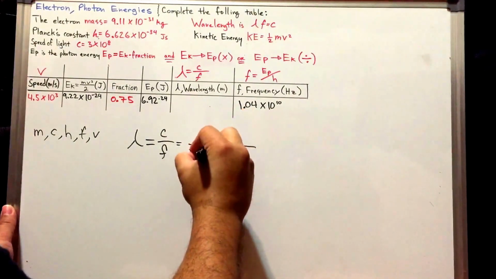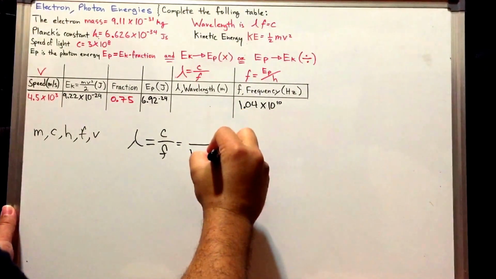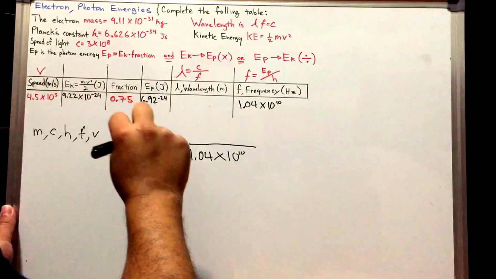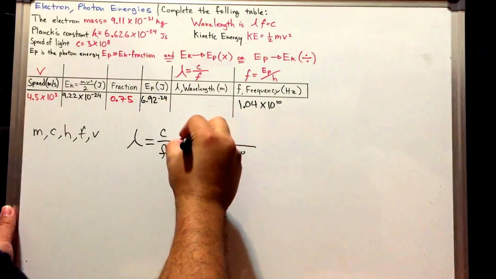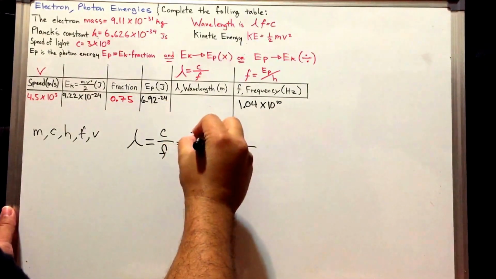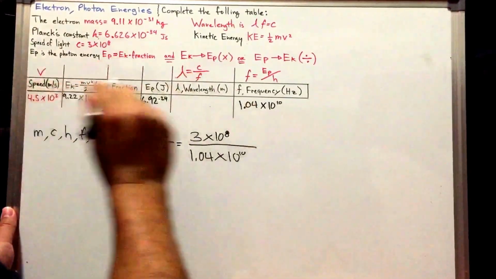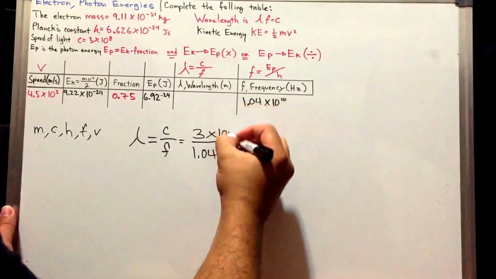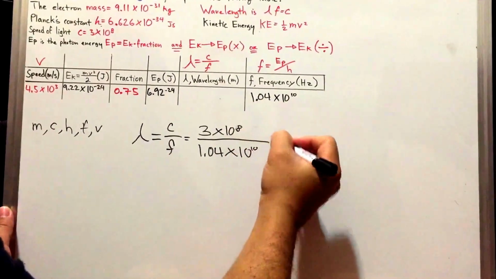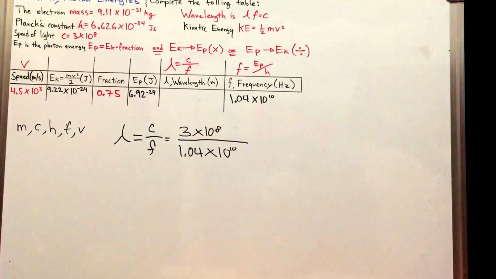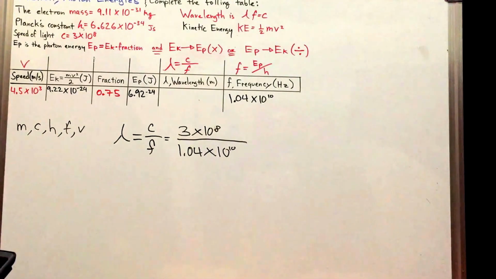Frequency is 1.04 times 10 to the 10th power, and the speed of light is 3 times 10 to the 8th power. That's an 8. The speed of light will never change. This is a good number to memorize. So let's go ahead and plug in the numbers.